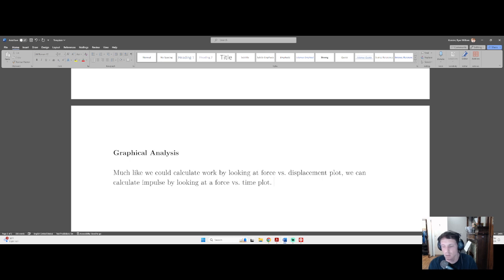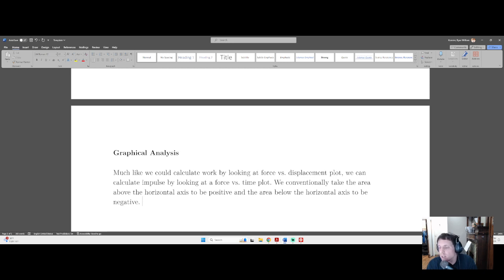It's almost the exact same thing, except whereas before we had position or displacement on the horizontal axis, now we have time. Everything I said previously is true for this case also. So we conventionally take the area above the horizontal axis to be positive, and the area below the horizontal axis to be negative.